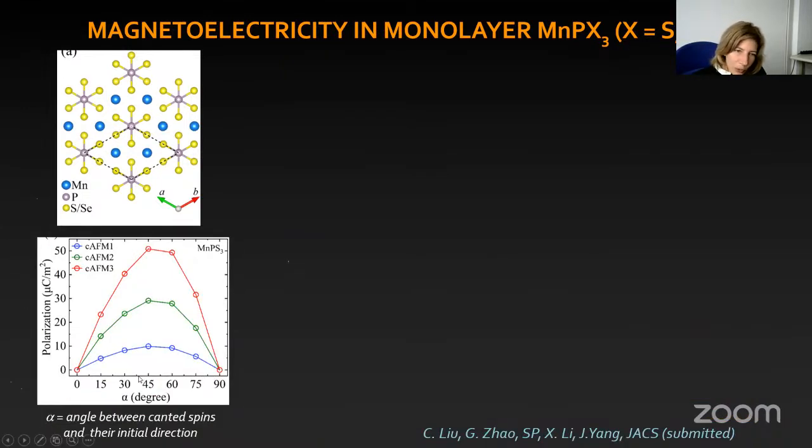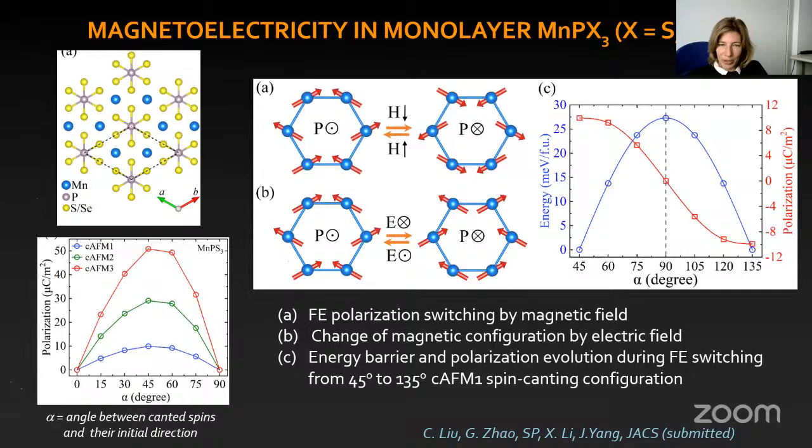And this is what we observe. So, okay, of course, the effects are small, right? You have like microcoulomb per meter square. So all these spin-orbit induced effects cannot be compared to the polarization that you have in barium titanate, which is orders of magnitude larger. But still you can have some effect.